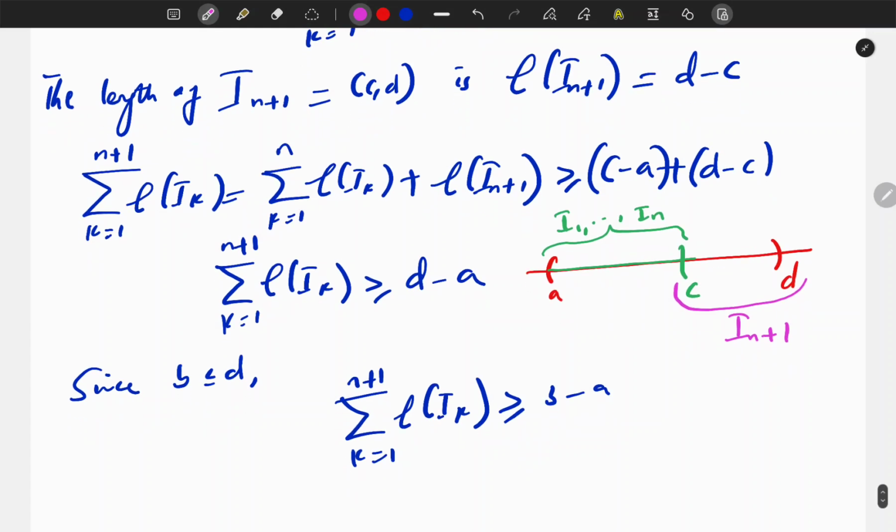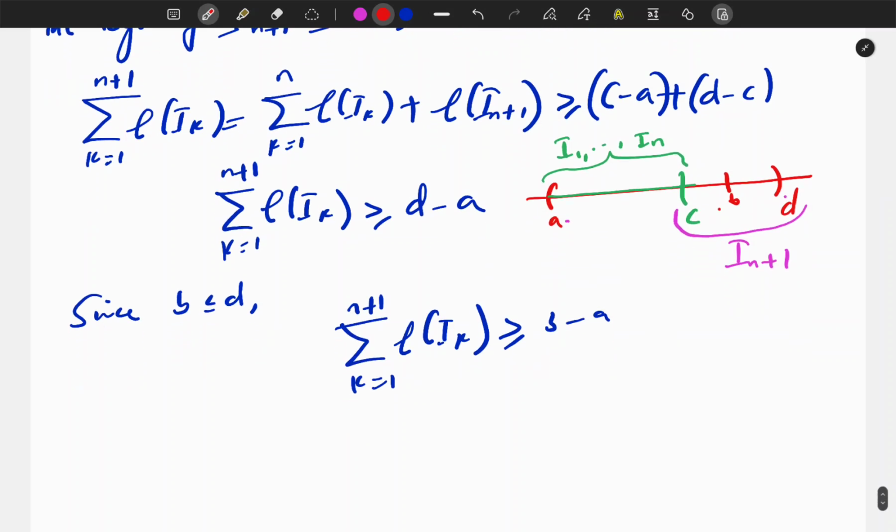You see that from a to d is actually greater than from a to b. And that's complete.